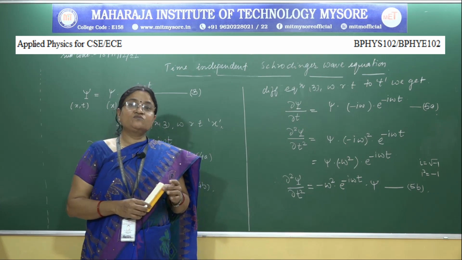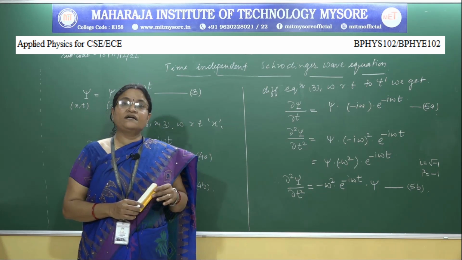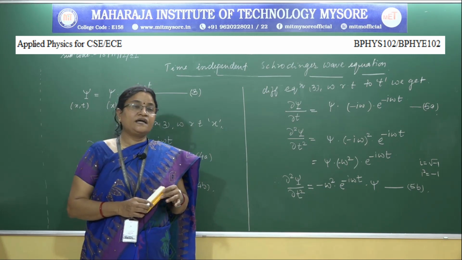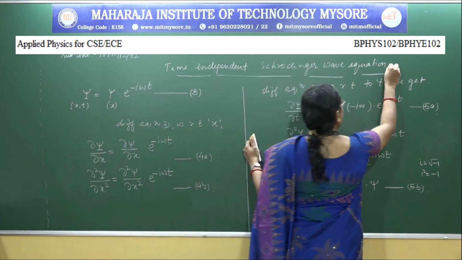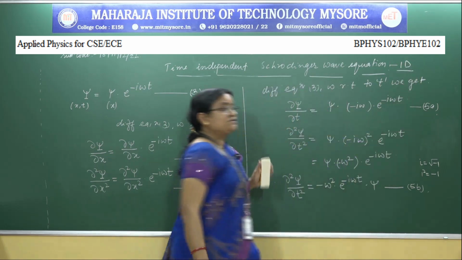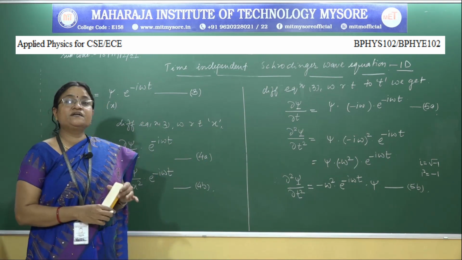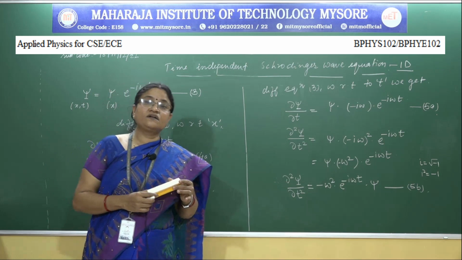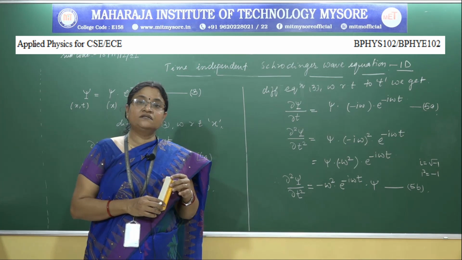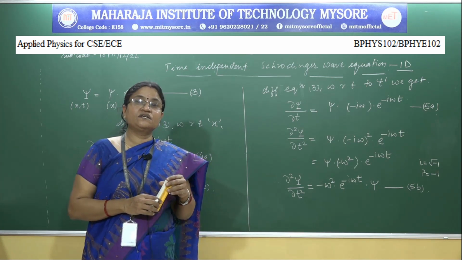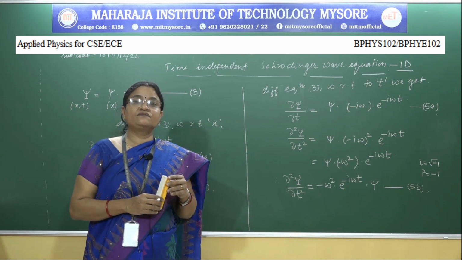Now the particle is moving with velocity v, the mass of the particle is m, and in the time independent Schrodinger wave equation we are solving for one dimension. In the time independent Schrodinger wave equation, as I have already explained, the amplitude remains constant with time. So it is almost equivalent to the equation of a travelling wave as per the wave theory.